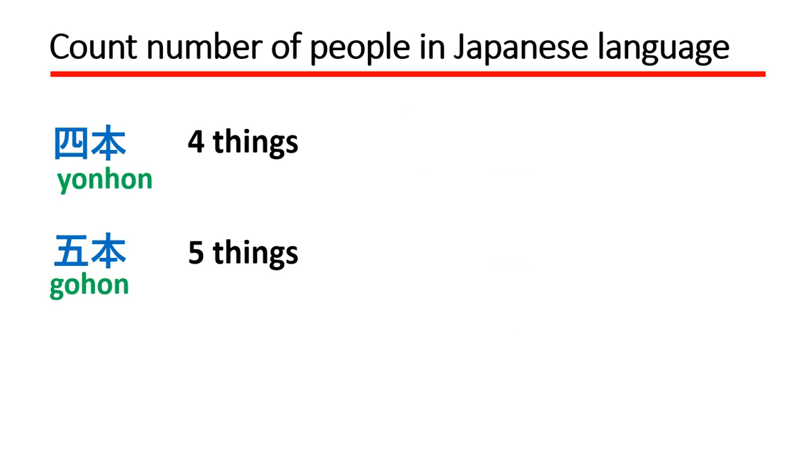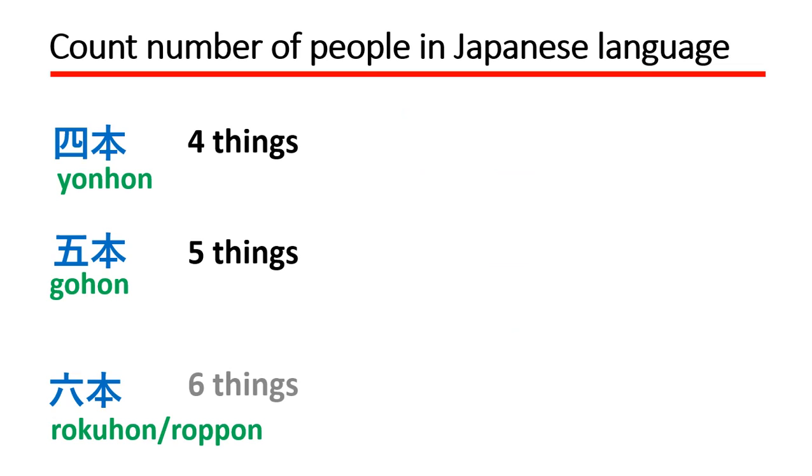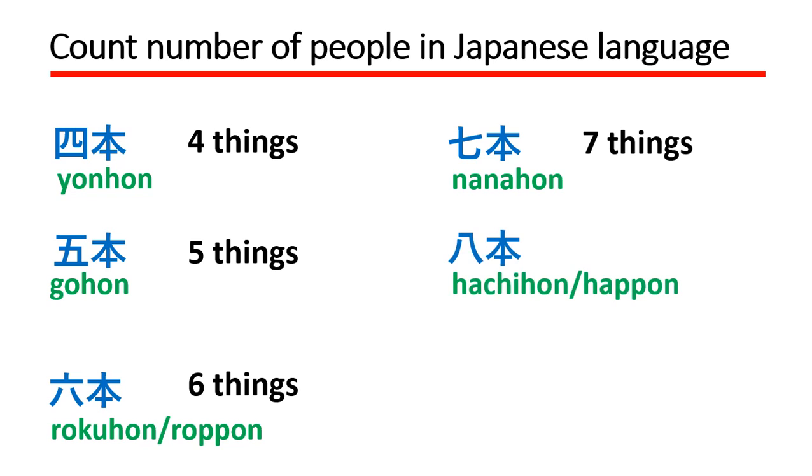Gohon, five things. Rokuhon or roppon, which means six things. For counting long objects, you could say two sounds, such as rokuhon or roppon. It has the same meaning. Nanahon, seven things.